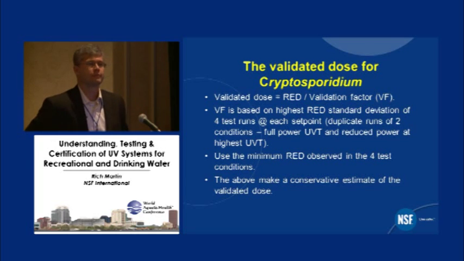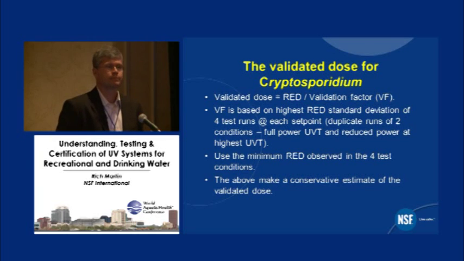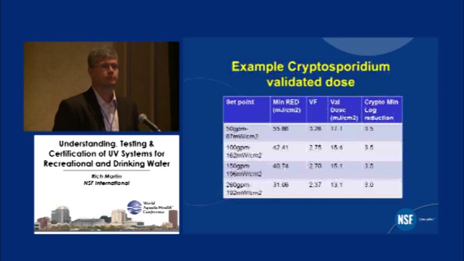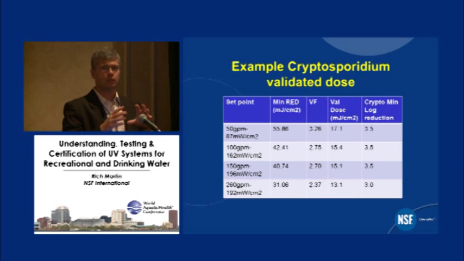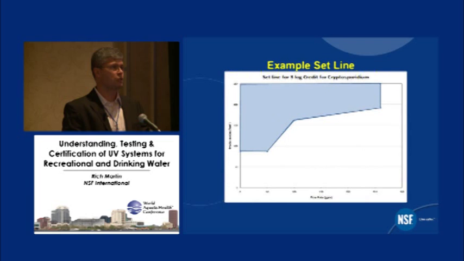Yes? With UV, is turbidity part of the measurement mechanism for evaluating its efficacy? Well, during the testing, turbidity is relevant. The question was, is turbidity part of the evaluation criteria for the performance testing of UV systems? Yes, it is, but we don't calculate it based on turbidity alone.